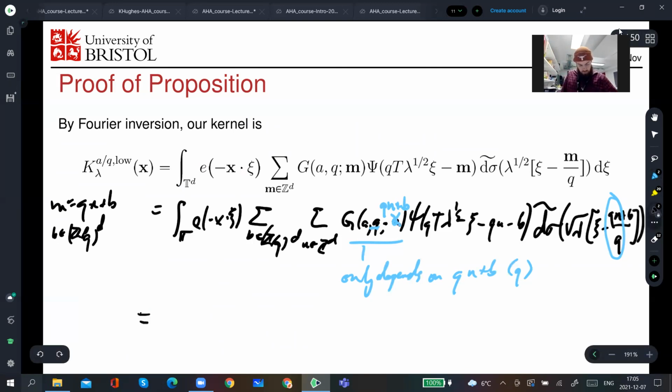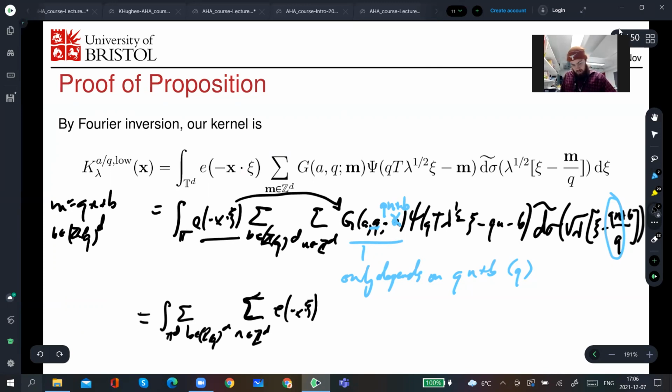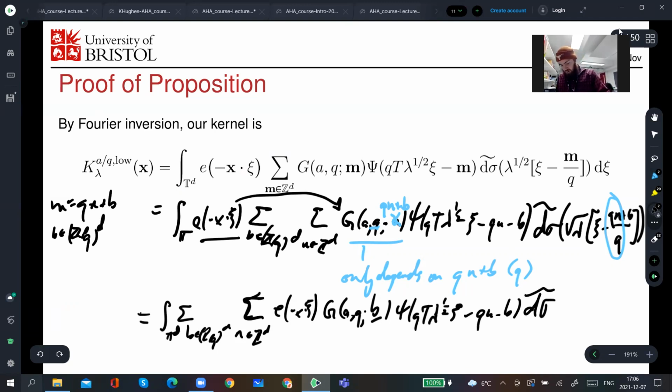This equals the integral, and I'm going to squeeze this character in all the way. So the integral of a double sum: integral over T^d, sum over b in Z mod q to the d, sum over n in Z^d, and then e of minus x dot c, g of a, q, and b now, depends on b, then psi is pretty much the same, minus qn minus b, and then this inverse Fourier transform.